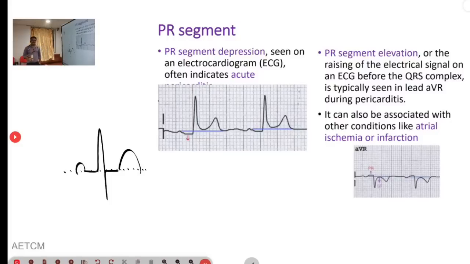PR segment depression is seen in acute myocarditis, pericarditis. PR segment elevation also can be seen in pericarditis and even in atrial ischemia. So in acute pericarditis, you can see the PR segment depression. In acute atrial MI and pericarditis, you can even see PR segment. It is not the PR interval, PR segment elevation or depression.